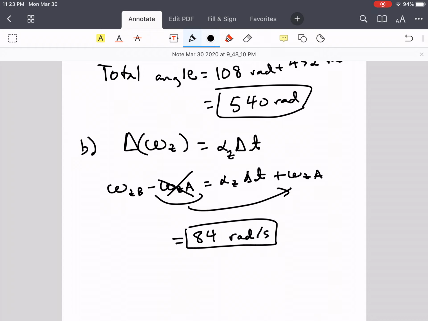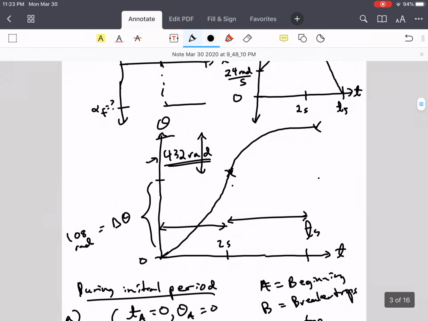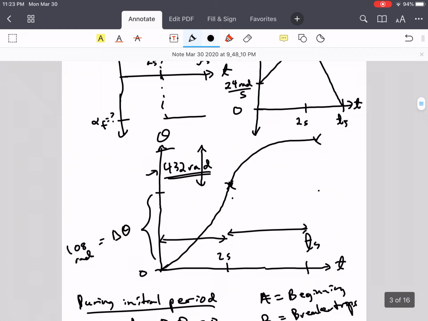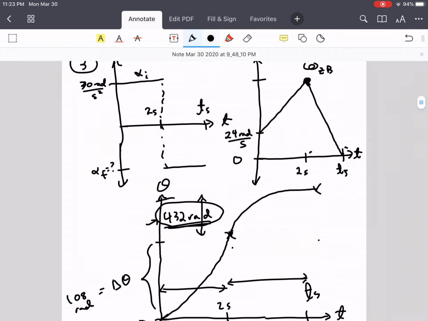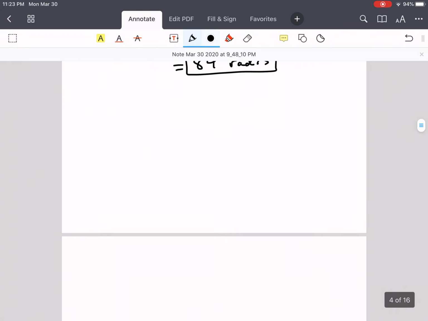So now I'm cooking with gas, because now I know almost everything about this period between when I hit the brakes and when I stop. I know the initial velocity, I know the final velocity, I know the initial time, and I know how far I go. And now I just want to solve for the time.